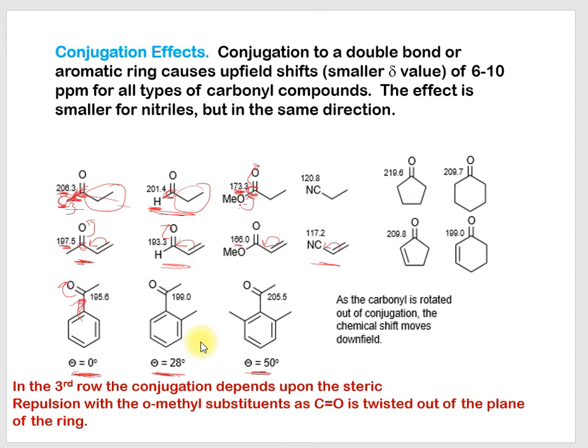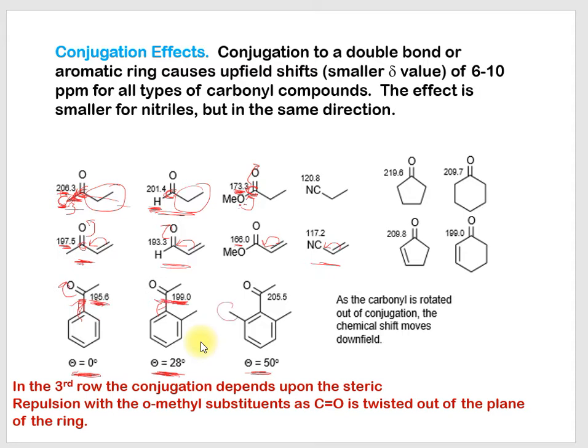Here, because the planarity has been disturbed, the delocalization is not as much as in the first case. So when the delocalization is restricted, the chemical shift will be increased. That means it's more shielded as compared to here.